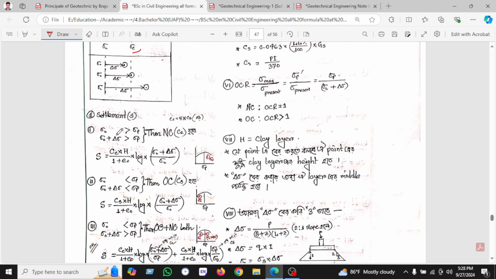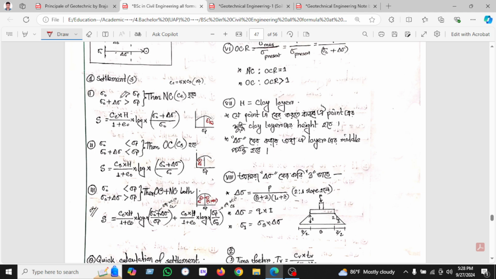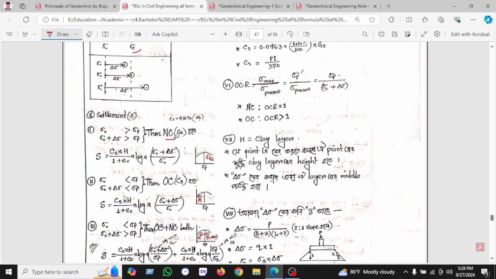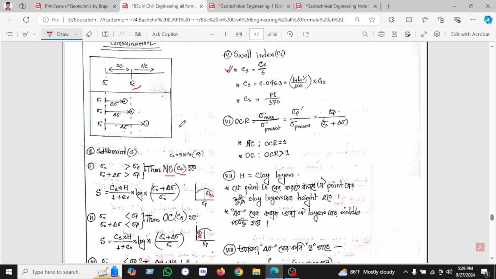For settlement, when sigma naught is greater than the pre-consolidation stress, and sigma naught plus delta sigma is also greater than the pre-consolidation stress, then we use NC, normal consolidation, and the formula of Cc.